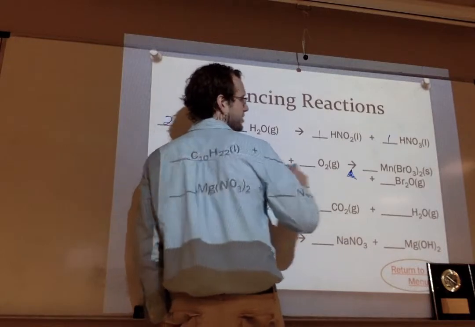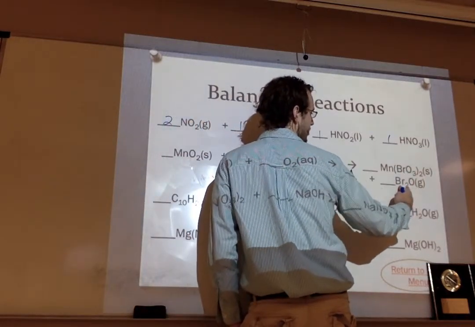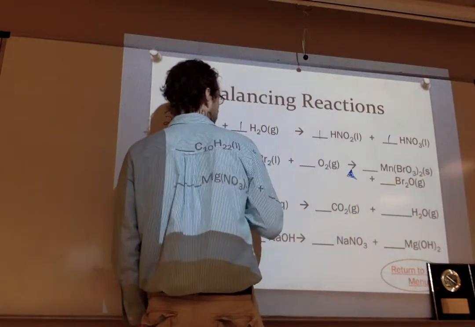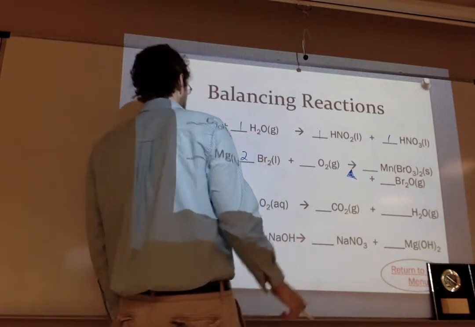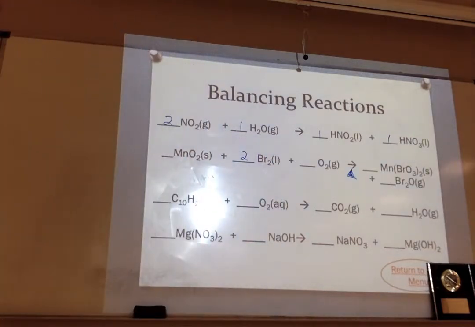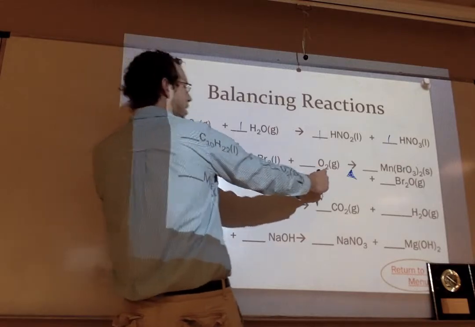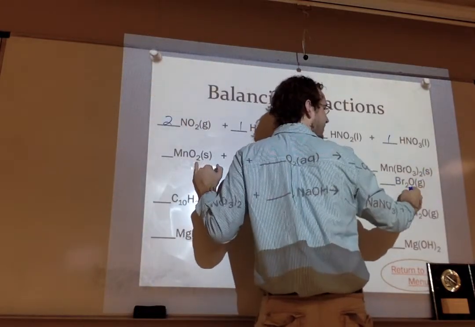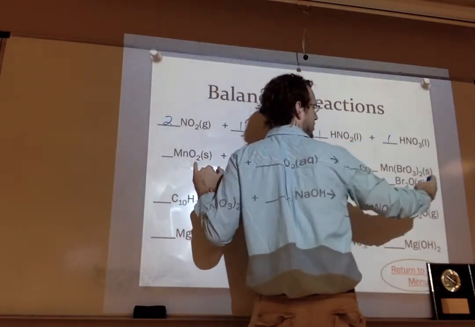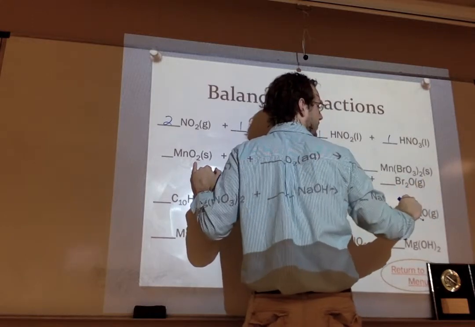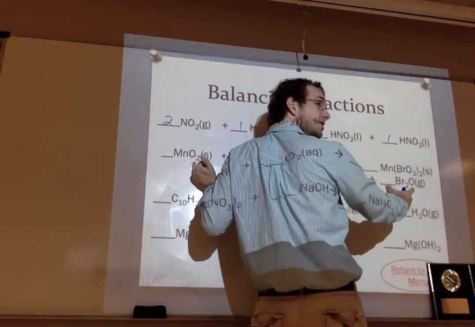Well, bromine we've got 2, and we've got 4, so we'll need 2. All right. We're still not right with our oxygen, are we? Which oxygen's getting us goofy? Well, we have 4, so we've got 6, 7. Is there any way we can get an even into an odd? Yeah, we can make bromine. Let's make this guy even.